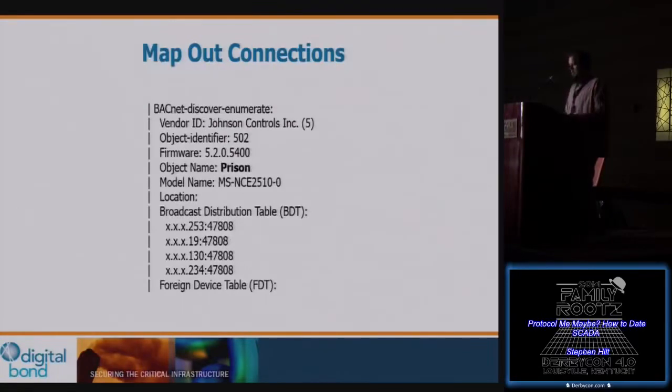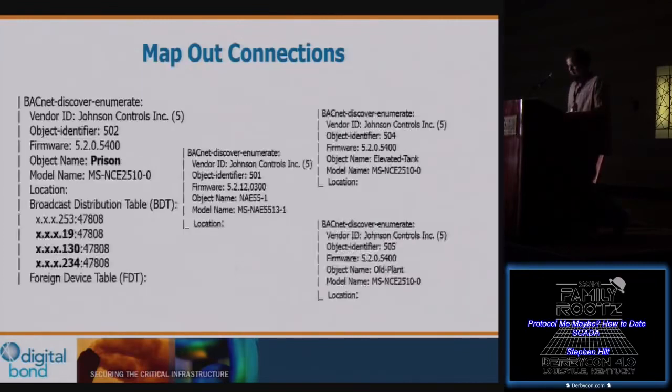So once you do the BDT, you can then pull information out about the devices it's communicating to. Here's an interesting one I found online, "prison", a fairly interesting object name. Then what you can do is start mapping out all their connections to find out more about the device, what it is, what it does.